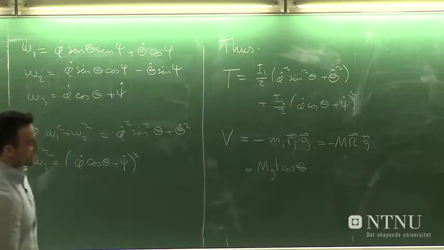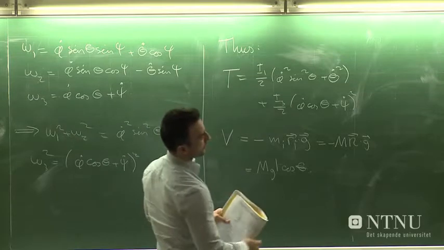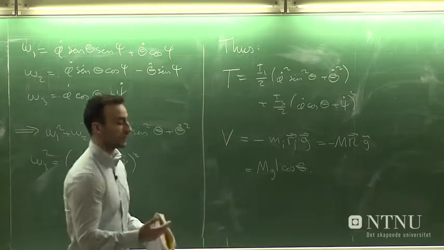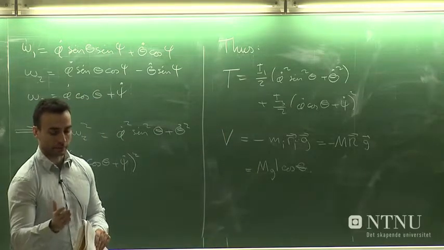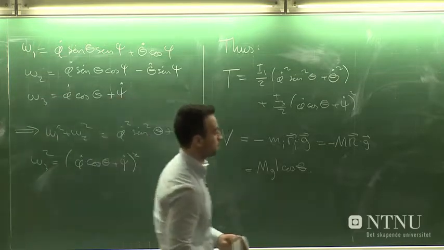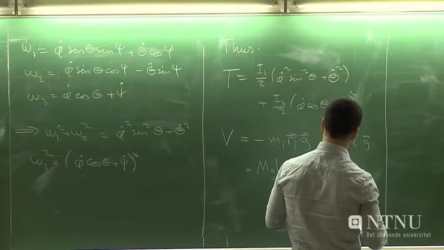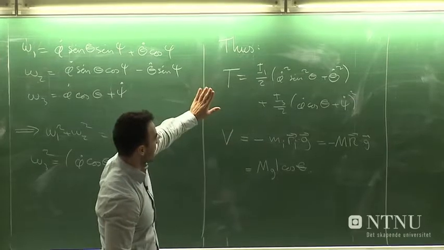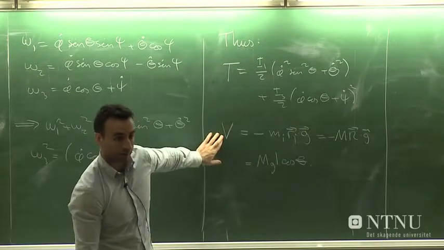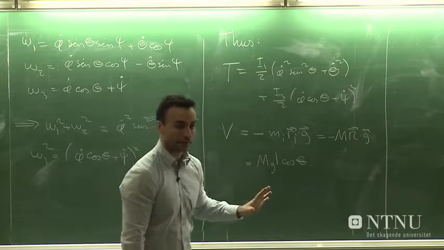So we find that the potential energy is mgL cosine theta. So the smaller theta is, the larger the potential energy is. And so if the top is turned down on the table, it has zero potential energy. All right, we then have our two necessary ingredients for a Lagrange function because we're dealing with a conservative system. We only have gravity acting.